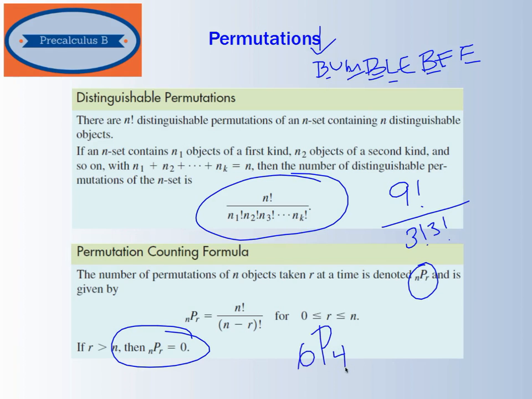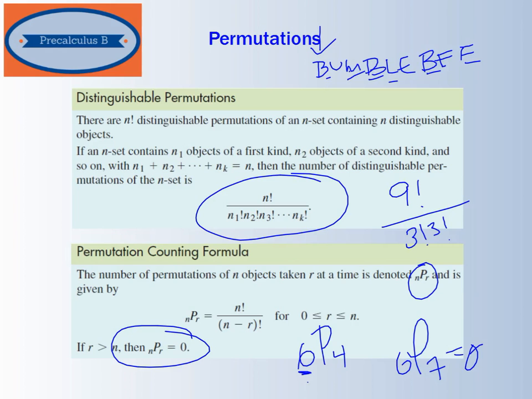This essentially is telling me, I want to know how many different ways I could take 6 objects and choose 4 of them and arrange 4 distinct objects, meaning we wouldn't use all 6. This is why if r is ever greater than n, you have too many. If it was 6P7, you can't pick 7 out of 6. It just doesn't work. That's why that would give you 0.